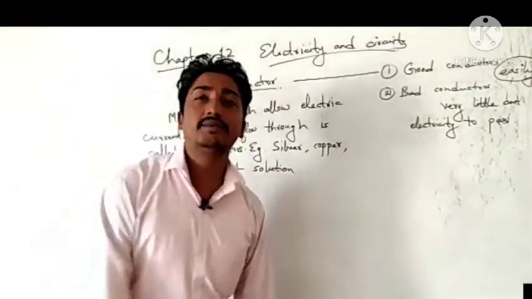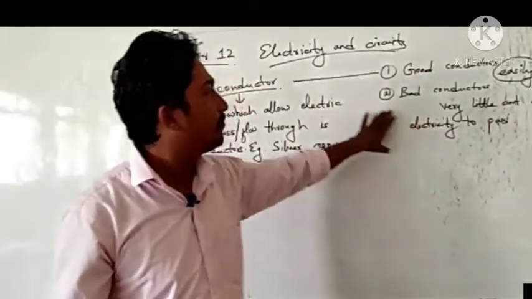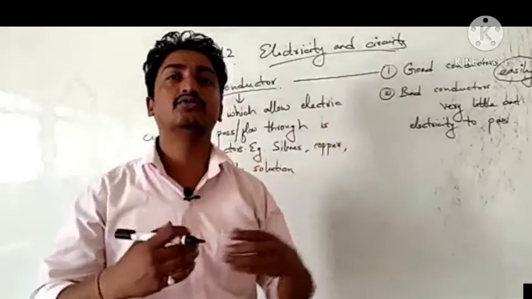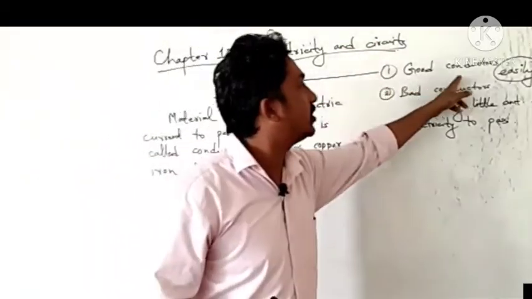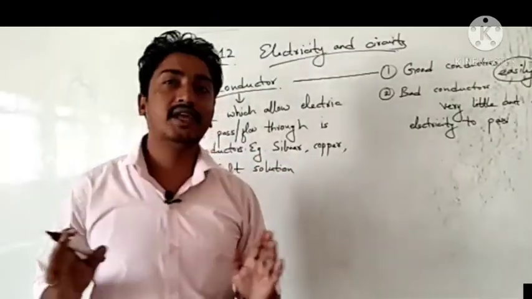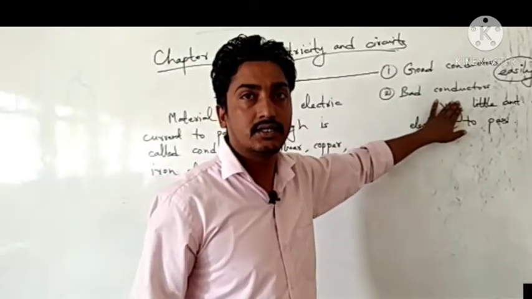Sometimes we can't say it is a good conductor, but the material which allows electricity to pass through it easily is a good conductor, and the material which allows a very little amount of electricity to pass through is called a bad conductor.